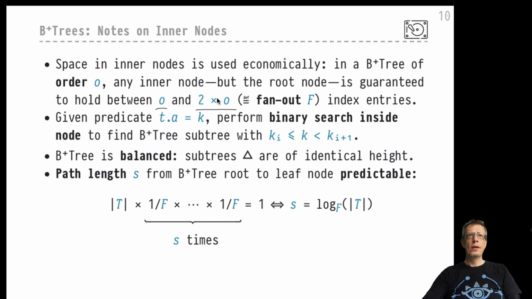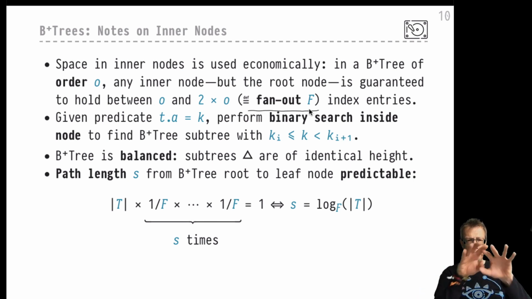Okay. Well, of course, it would be beneficial to always pack these inner B+Tree nodes to their maximum occupancy, so to the 2O index entries. Actually, this 2O is also called the fan out of the tree. This is the maximum number of pointers that can point outside such an inner node to more subordinate subtrees. It could be beneficial to actually pack these B+Tree nodes to their maximum degree.